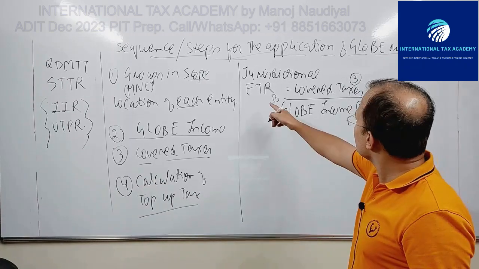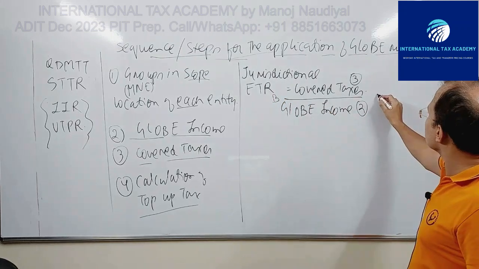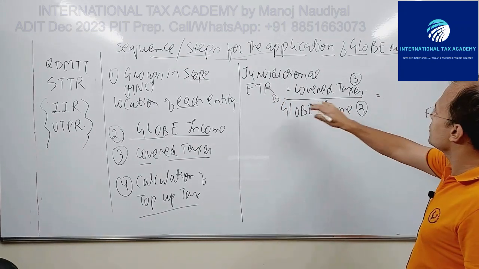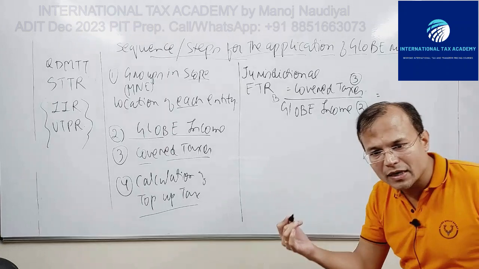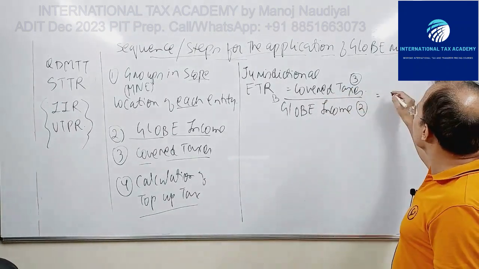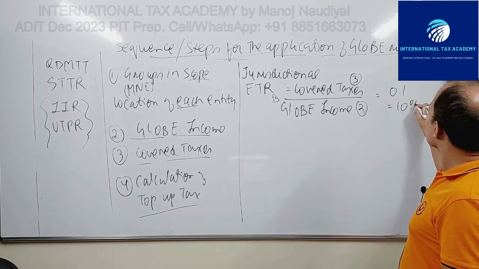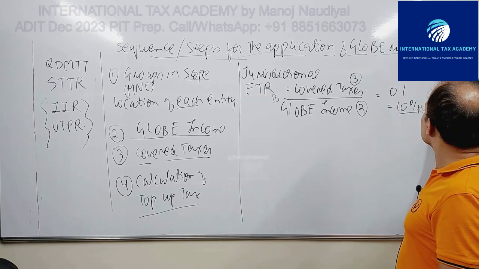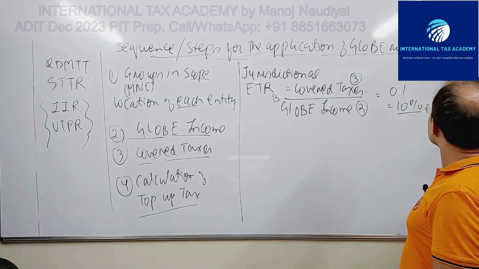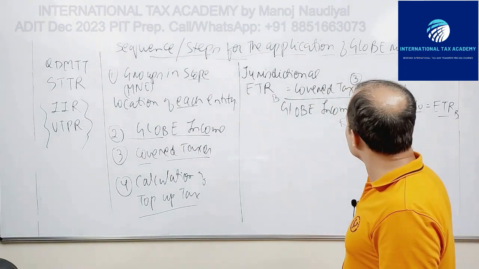Supposing this ETR for country B comes out as 0.1, that is 10%. It would be a fraction, in terms of percentage. So ETR B is 10%.